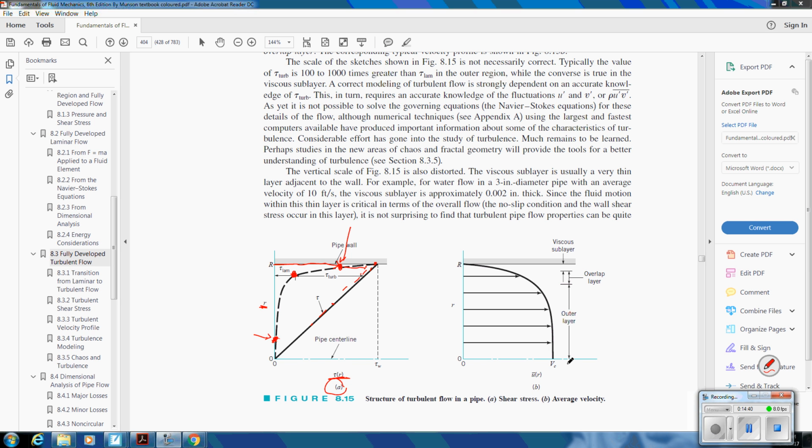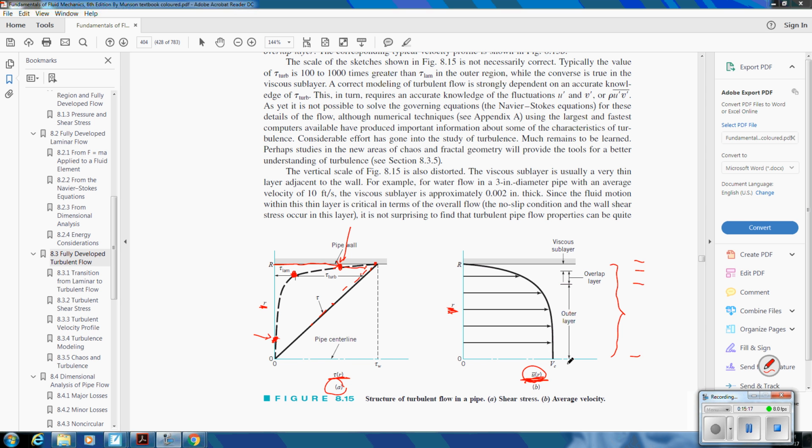And we can also see the same trend if we look at the axial velocity change in the radial direction, which is u bar in the r direction. And we can break down this whole area into 3 zones by looking at its shear and velocity component.